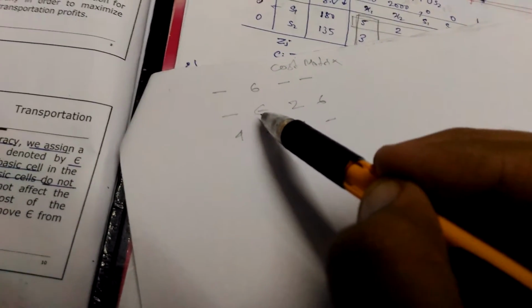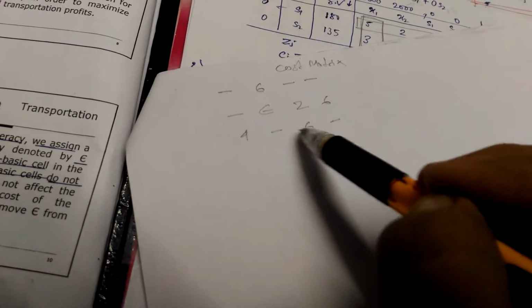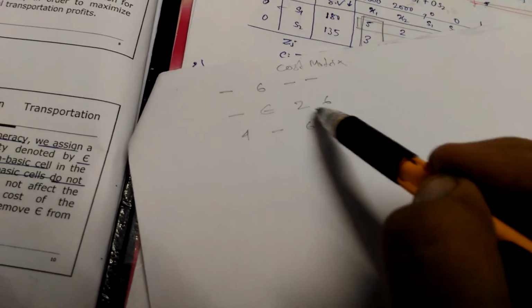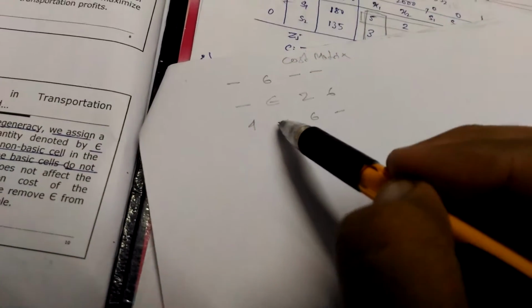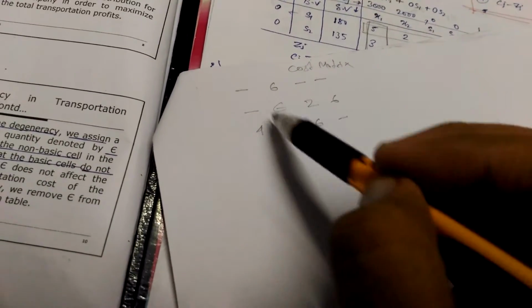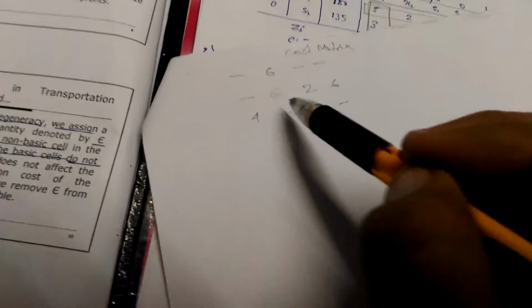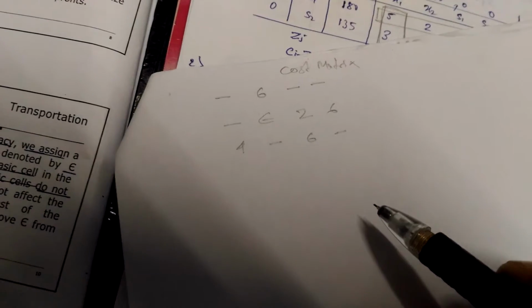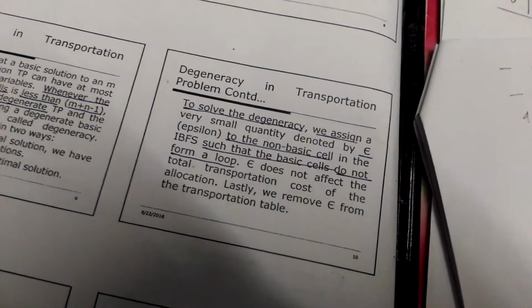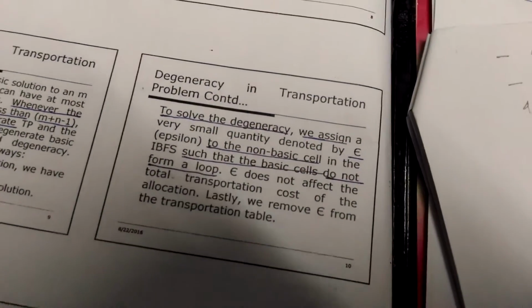Now try this side. It can go here, then it can turn here, but it cannot turn here. If you go this side, it cannot turn here. So this is the most suitable position. So take epsilon in such a way that it doesn't form a loop in any way. So this is the theory for epsilon.